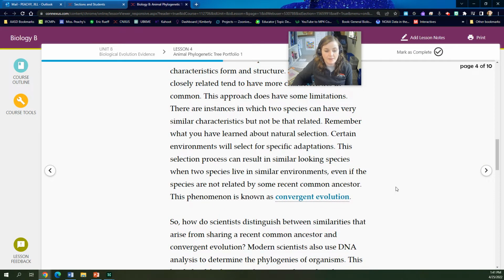So it does talk a little bit about convergent evolution as well, how just because two things look alike or have similar form and function doesn't necessarily mean they are related to one another. If organisms evolved in similar ecosystems and similar environments, they had the same kind of pressures put upon them, they had the same types of things they had to adapt to, so they could very likely be very similar to one another simply because of the environment in which they evolved.